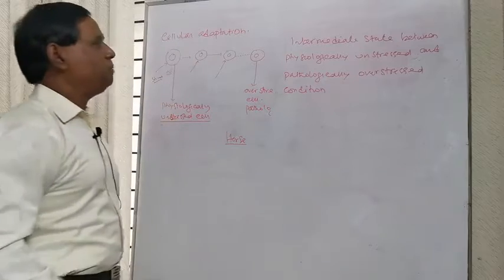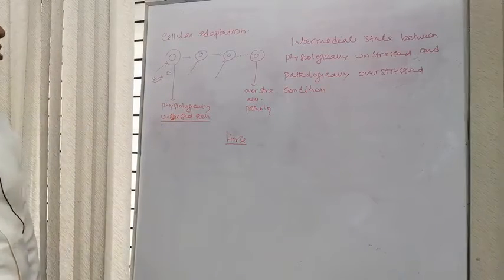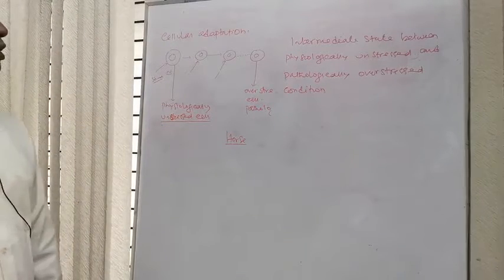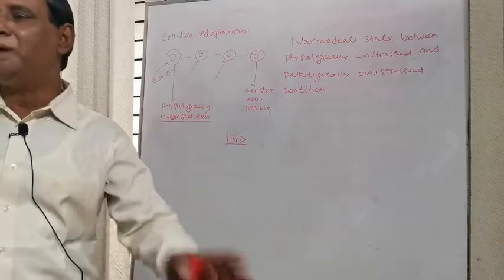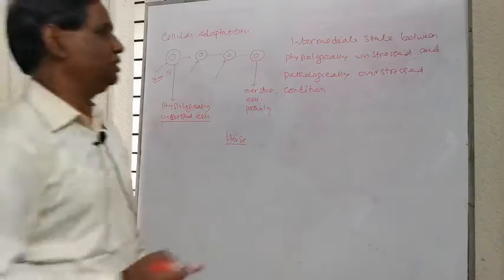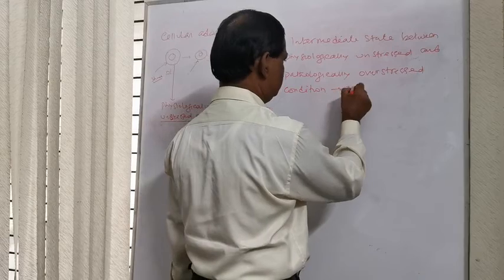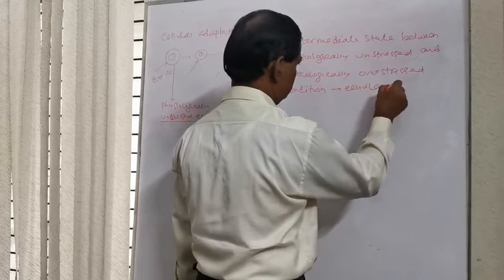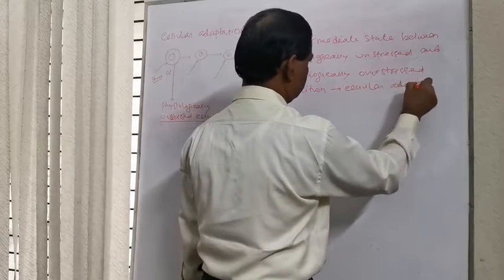So, it is an intermediate state between physiological unstressed and pathologically overstressed condition. এটিকে বলা হয় কি cellular adaptation. It is called cellular adaptation.